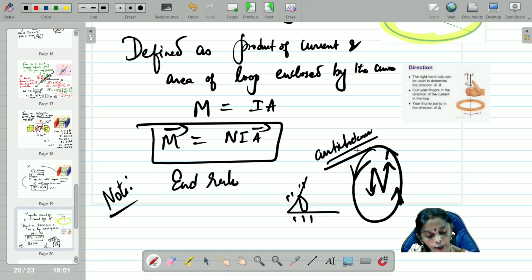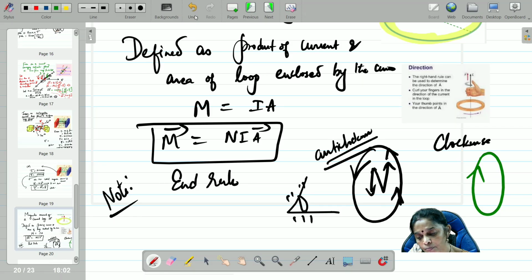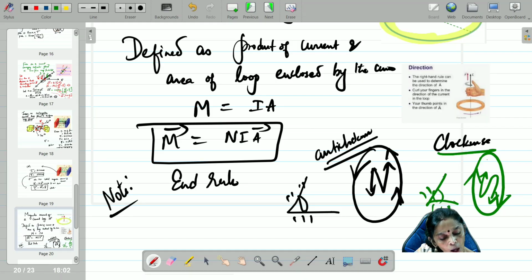Whereas, if it is going in the clockwise direction, take it as the south pole. Clockwise, take it as south pole, and anti-clockwise, take it as north pole. This is just an N rule, one more rule.